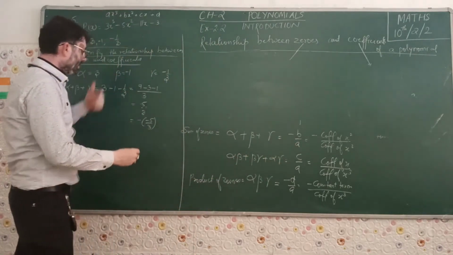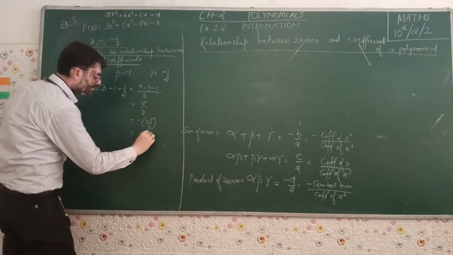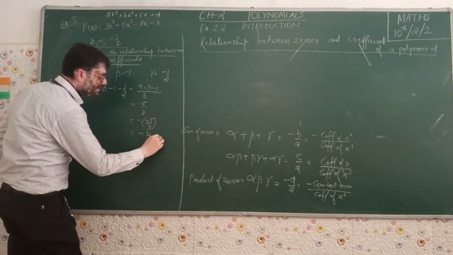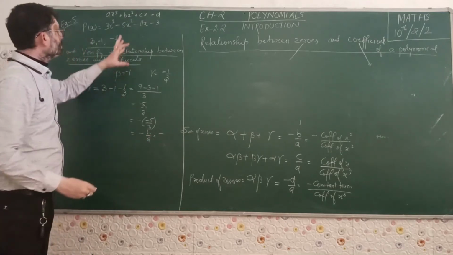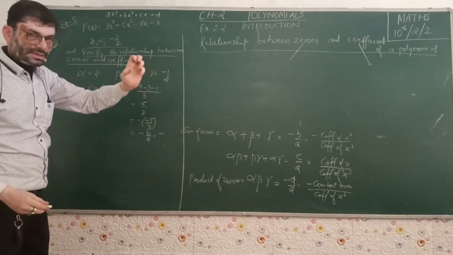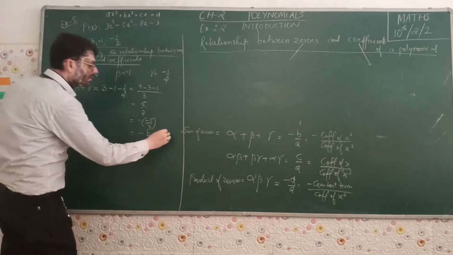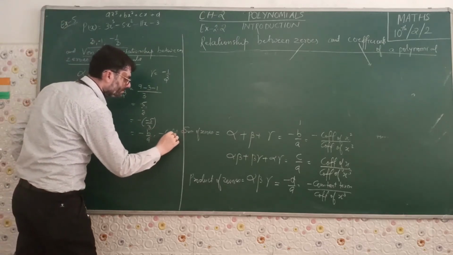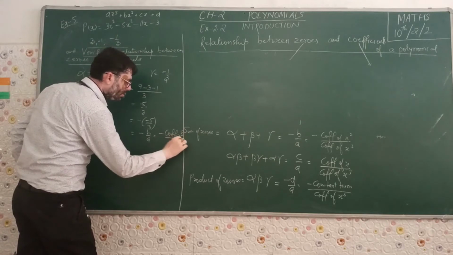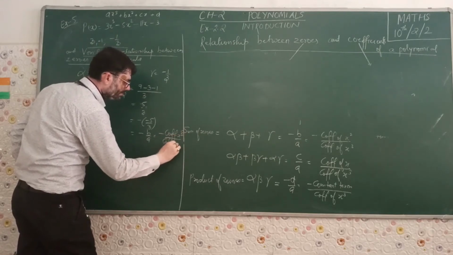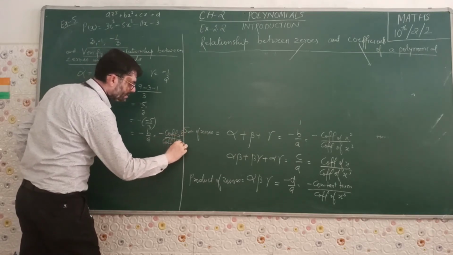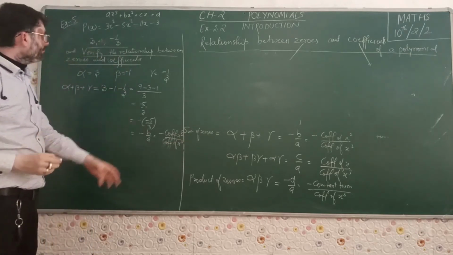If you compare there, this is minus b upon a, and this is minus coefficient of x squared upon coefficient of x cubed. The first is to verify.